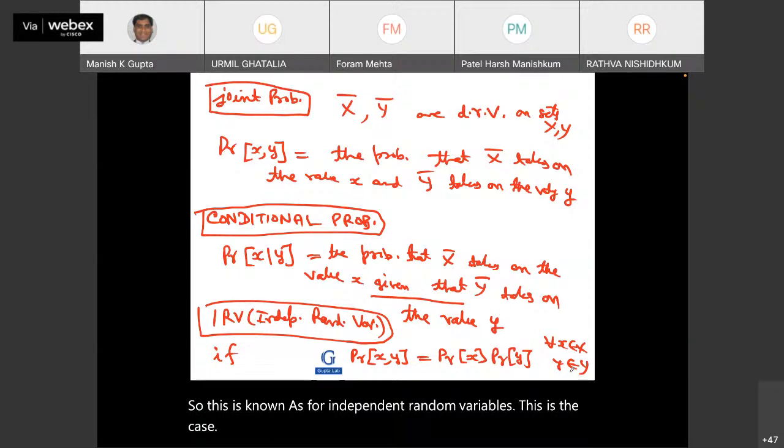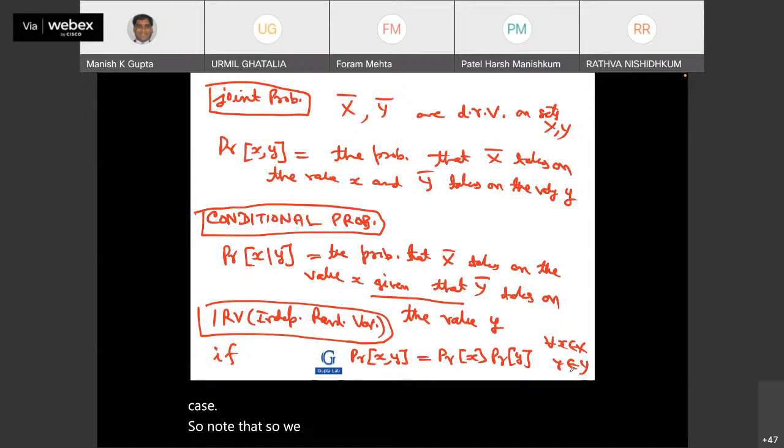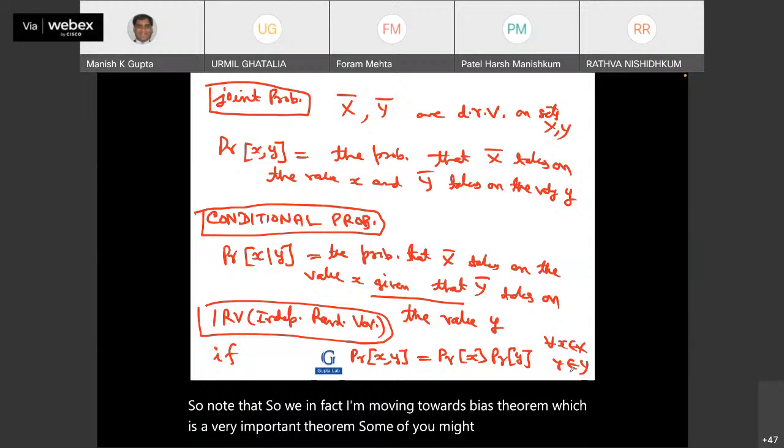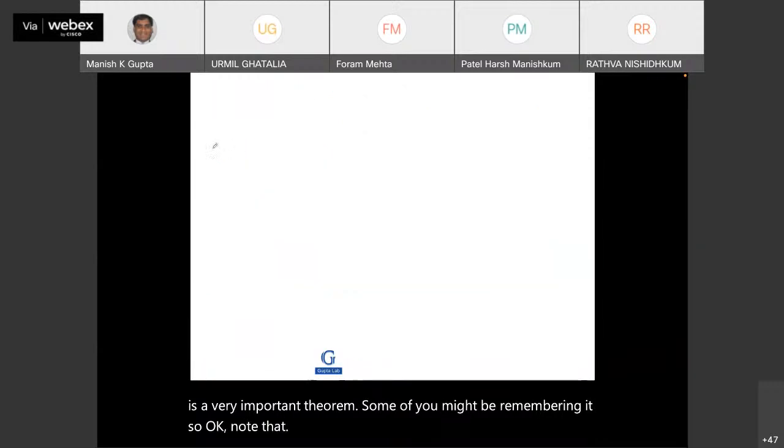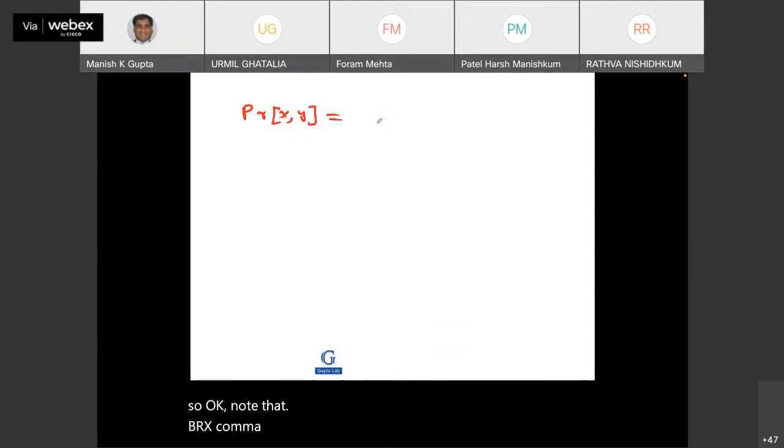Okay, so note that I am in fact moving towards Bayes theorem, which is a very important theorem. Some of you might be remembering it. So note that Pr(x, y) is the same thing as Pr(x|y) times Pr(y).